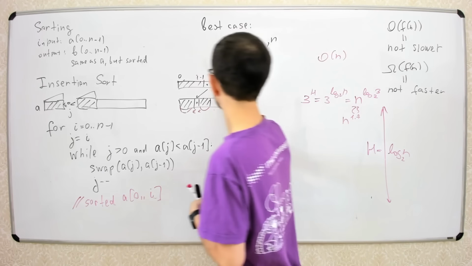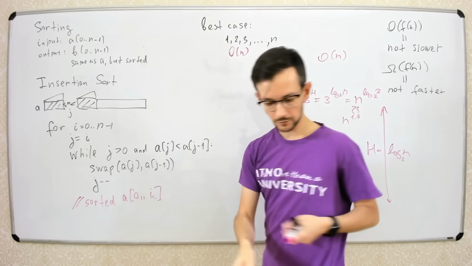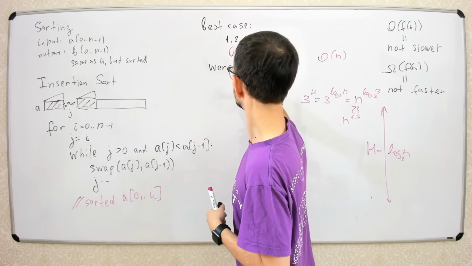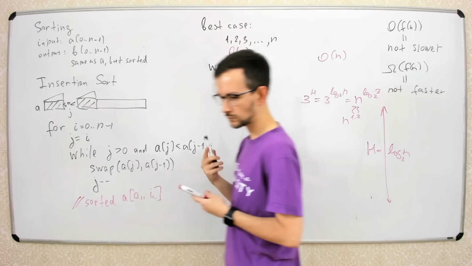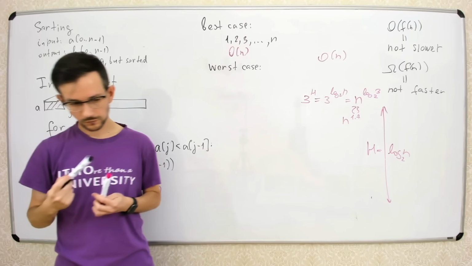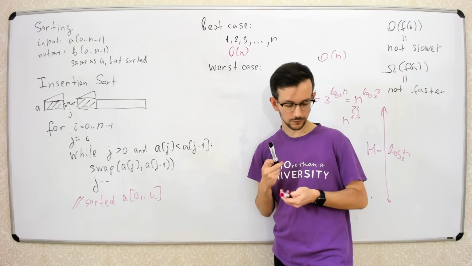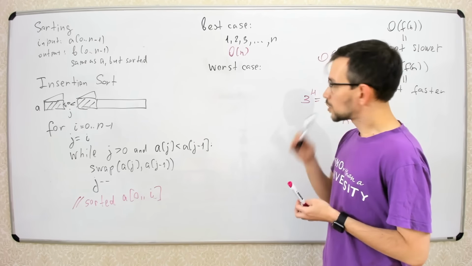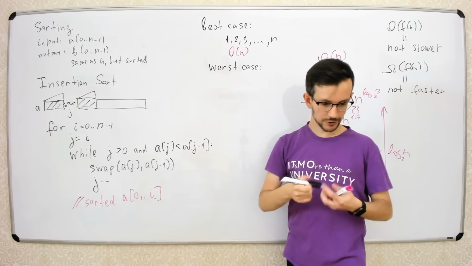And what is the worst case? The worst case will be when we have the same array but reversed.